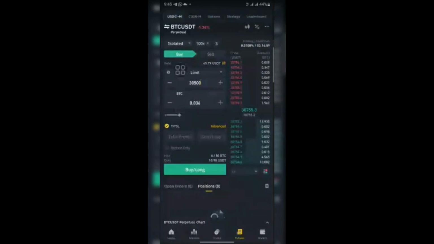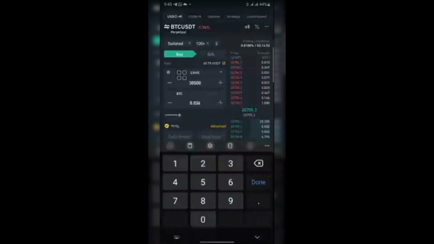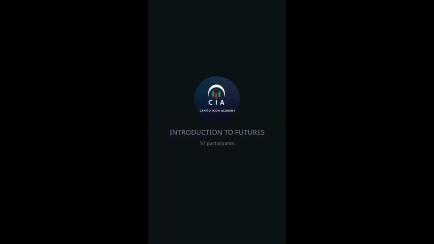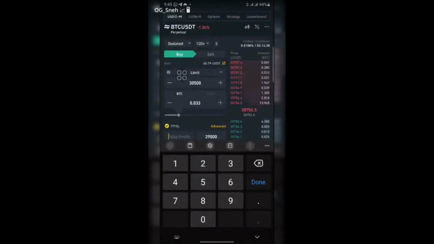What's my stop loss? If the market is going down too much, I can't take it anymore. If the market gets to 30,000, I don't want to take it anymore. Or let's leave it at 29,000. So my take profit, I want to take profit at 35,000.